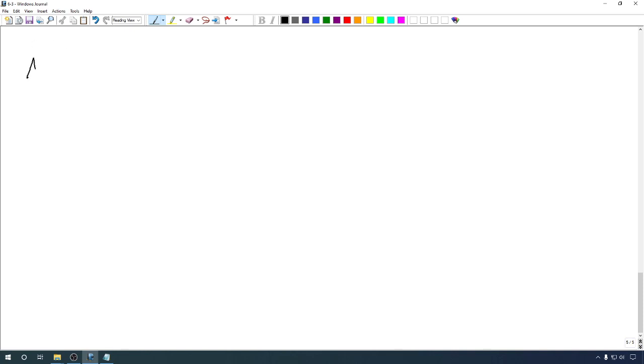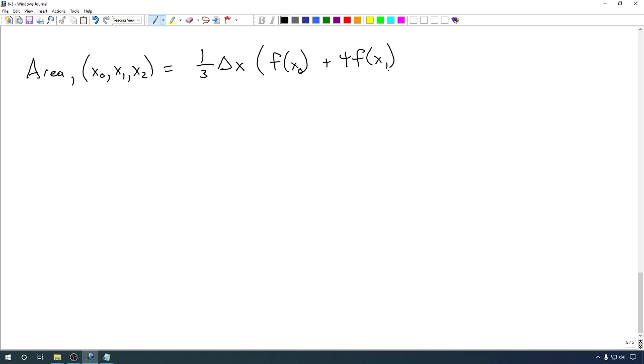So area 1, this is using x0, x1, and x2. This is going to be 1/3 of delta x times, remember we had 1 times f of x0, the first point, 4 times the middle point, so that's f of x1, and then just 1 times the other endpoint.